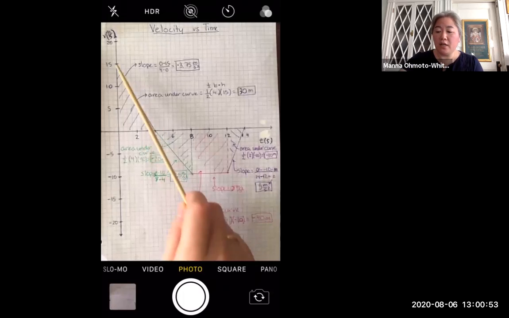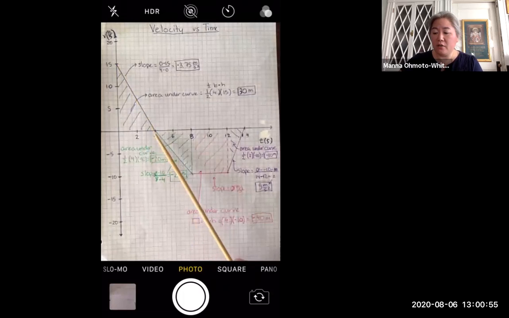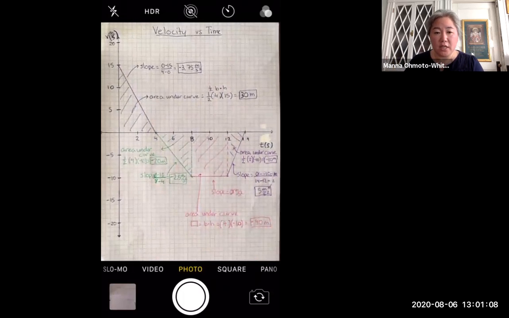So this is a velocity versus time graph, and I have it in four different segments: a dark blue, a green, a pink, and a purple. Just to remind us, in the first quadrant in a velocity versus time graph, something is moving forward or to the right. It's moving in the positive direction.